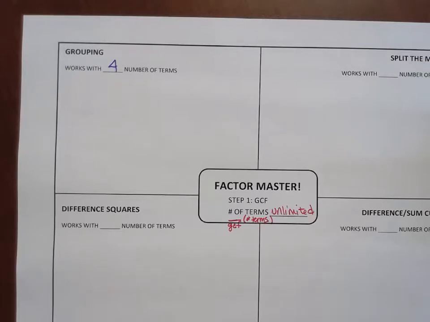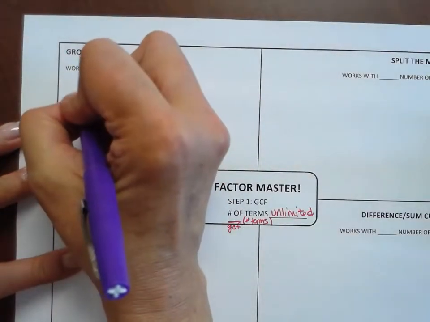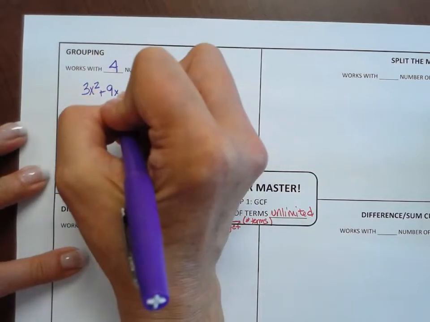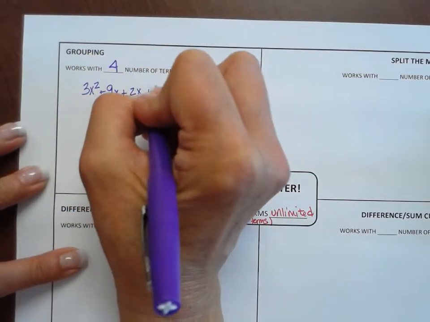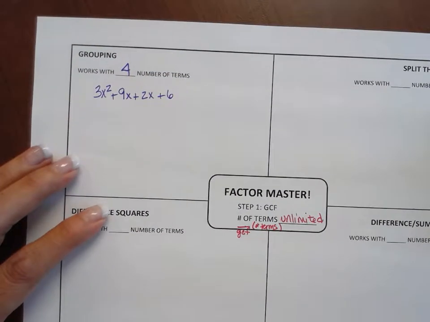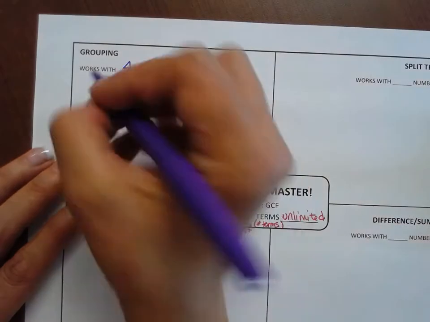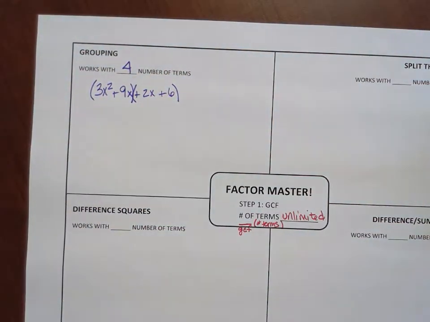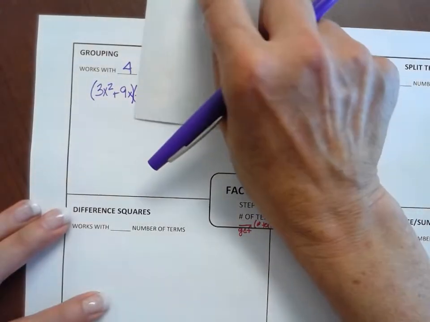So if we have, let's say, 3x squared plus 9x plus 2x plus 6, I group it into 2 separate problems, and then I just look at each problem one at a time.